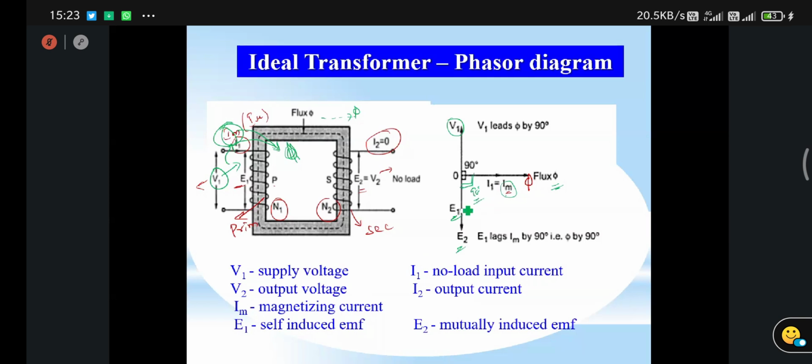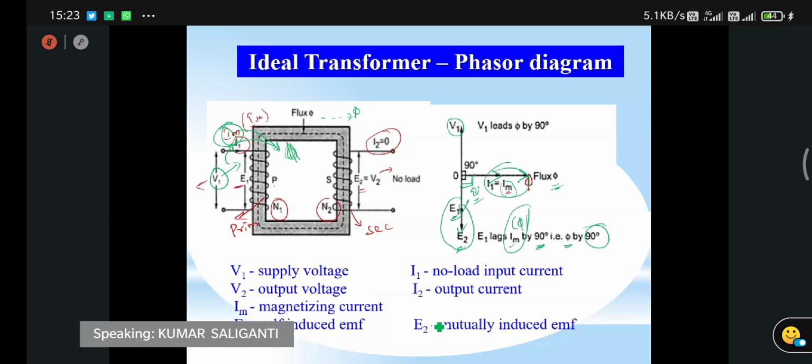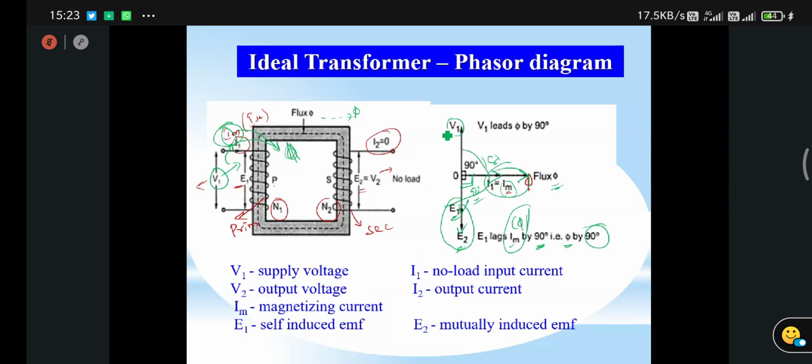But both are lagging by 90 degrees here. So here V1 is exactly 180 degrees, you can see, from E1, like a mirror image.